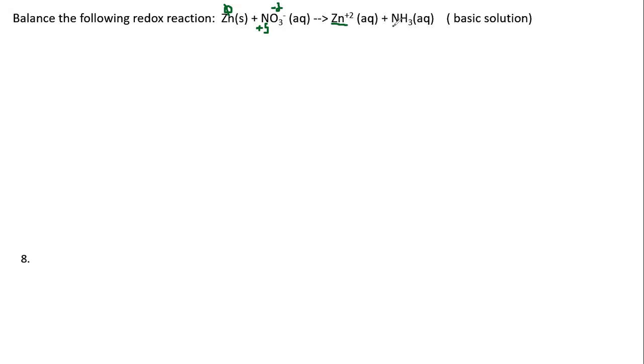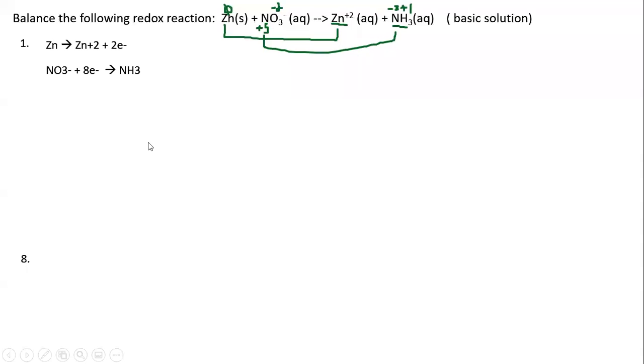And for ammonia, since hydrogen is bound to a non-metal, it's a +1, therefore nitrogen is a -3. And so we see that zinc is oxidized from 0 to +2, and nitrogen is reduced from +5 to -3.